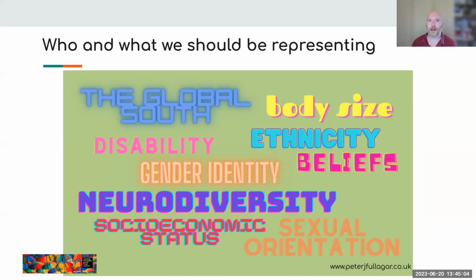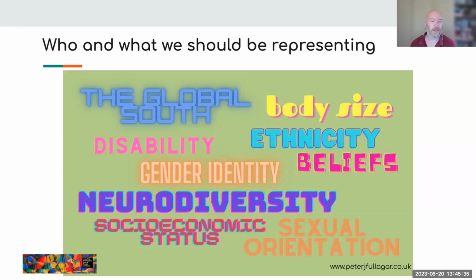Now the idea of Western society has become a little bit problematic. And so now in diversity, equity, and inclusion, we talk about the global South and the global North. Not necessarily geographically north or geographically south, but these are catch-all terms to describe what we would have said in the past as Western and non-Western.